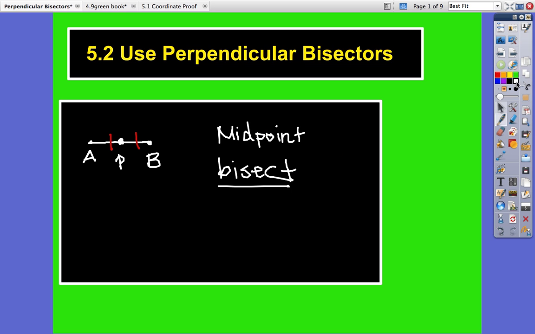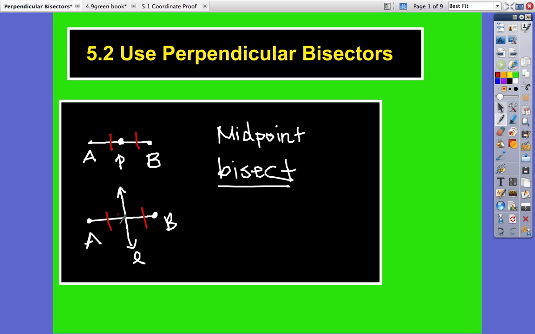We could also have a segment bisector, such as a line. So we can draw a line going down the middle of the segment, and let's say the name of this line was L. Line L would be considered a bisector if it happened to split the segment AB into two congruent parts.